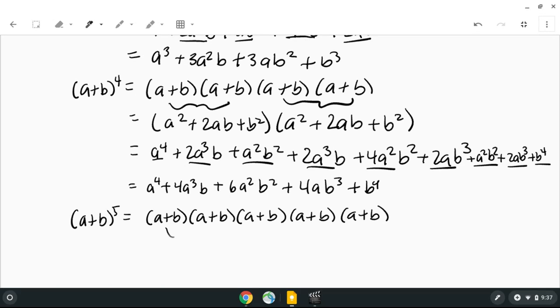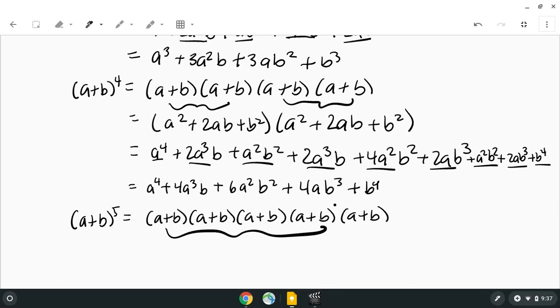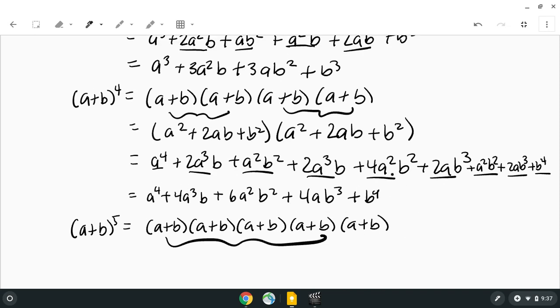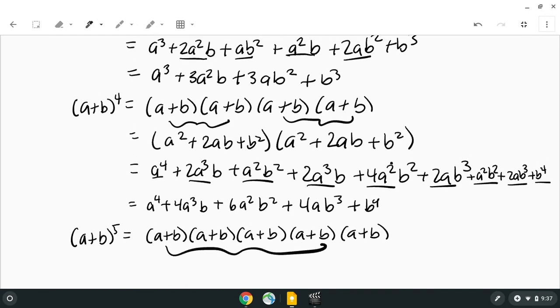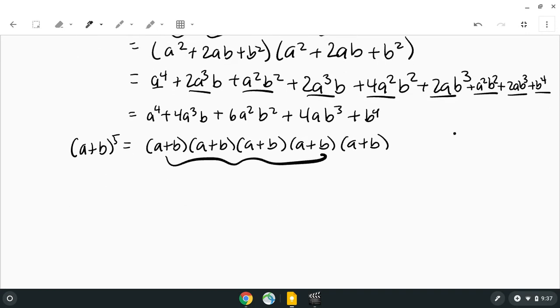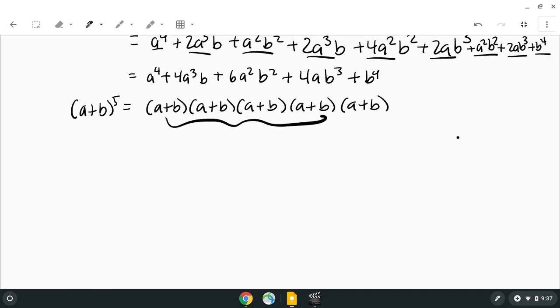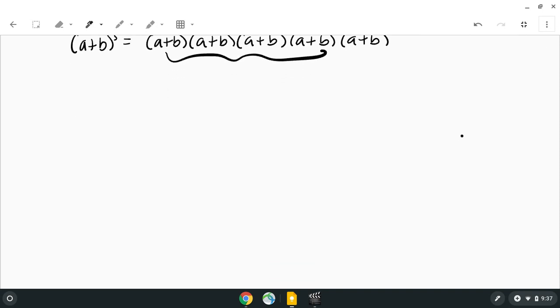But we know this part is the answer right above. So we'd have to distribute a plus b to these and then combine like terms. But I think that was enough work so that we can really appreciate Pascal's triangle. So maybe you remember Pascal's triangle. Let's see. So it starts off like this.